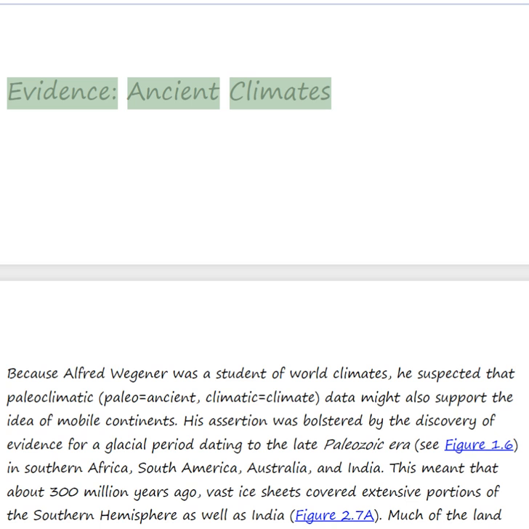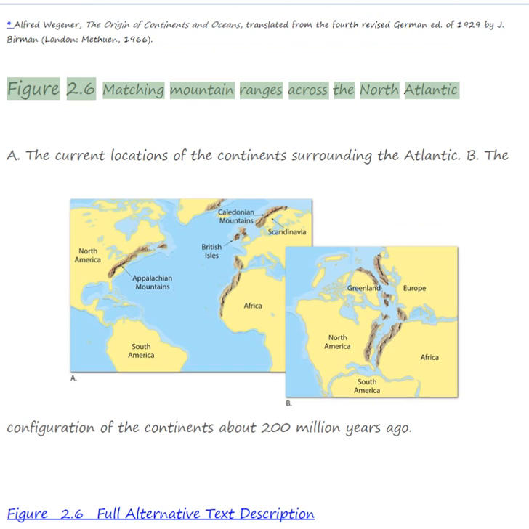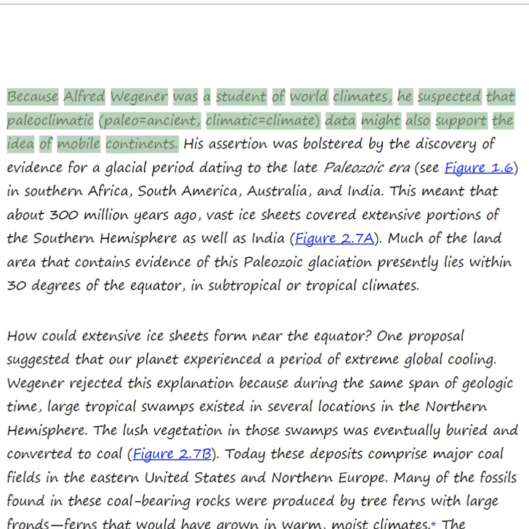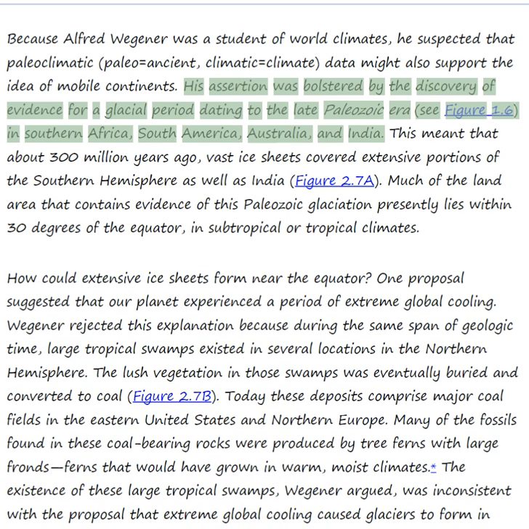Evidence: ancient climates. Figure 2.6: Matching mountain ranges across the North Atlantic. Because Alfred Wegener was a student of world climates, he suspected that paleoclimatic data might also support the idea of mobile continents. His assertion was bolstered by the discovery of evidence for a glacial period dating to the late Paleozoic era in southern Africa, South America, Australia, and India.